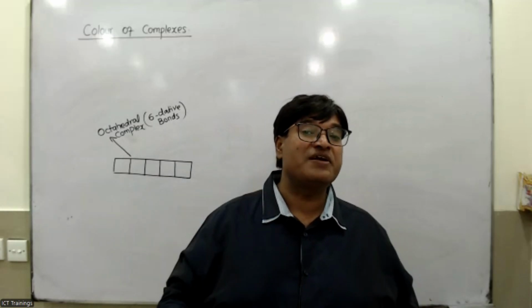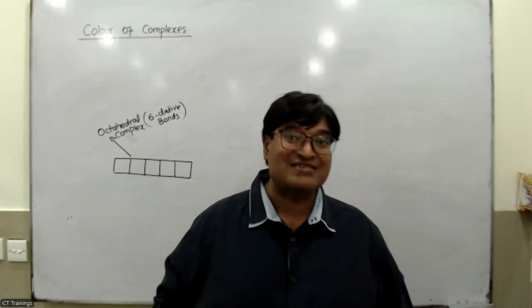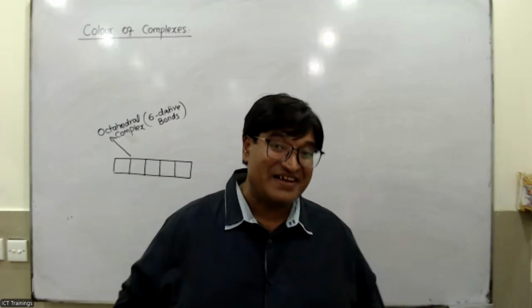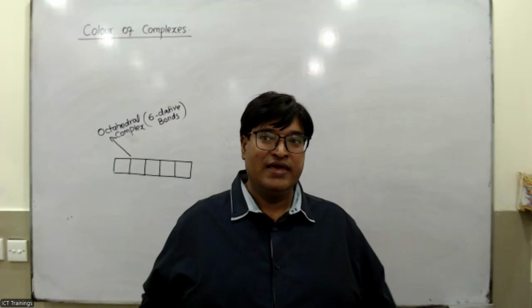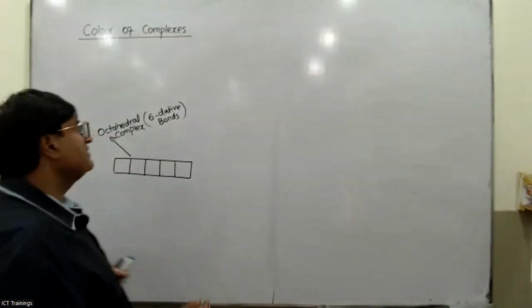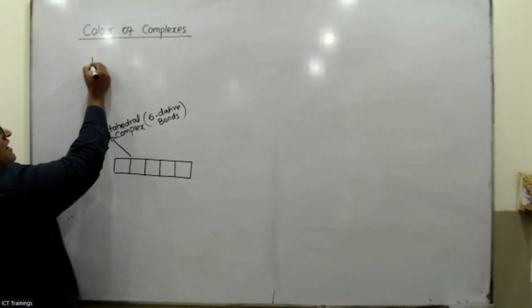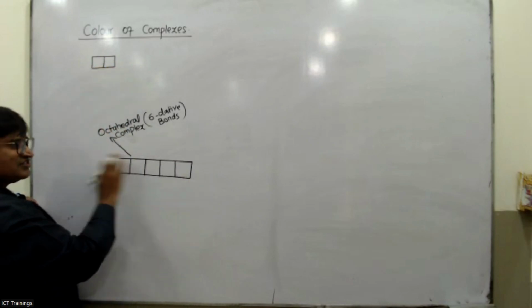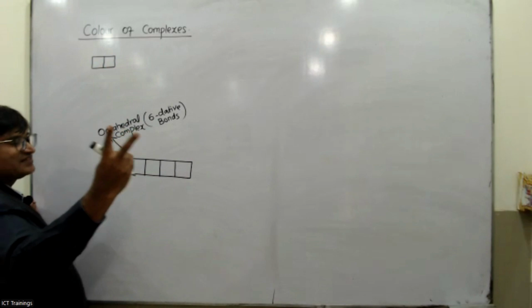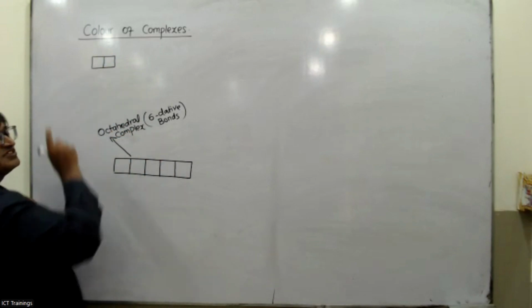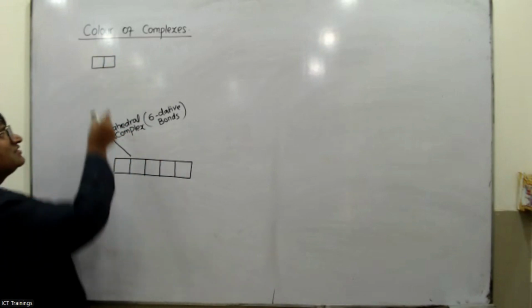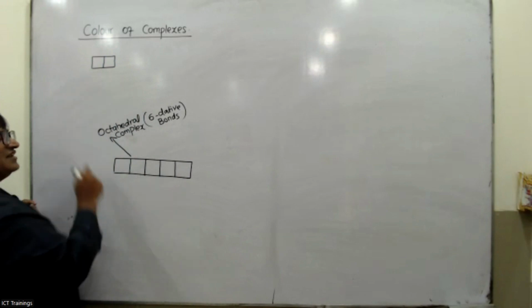So the two d orbitals which are present on the axis experience greater repulsion. So what would happen? They would shift slightly to a high energy level. So the d orbital splits into two sets. The two d orbitals which experience greater repulsion shift slightly to a high energy level.